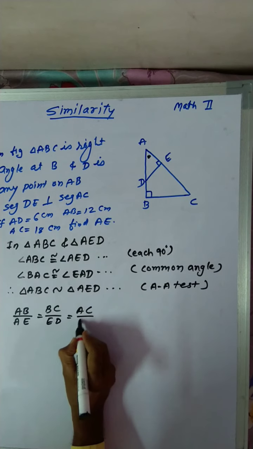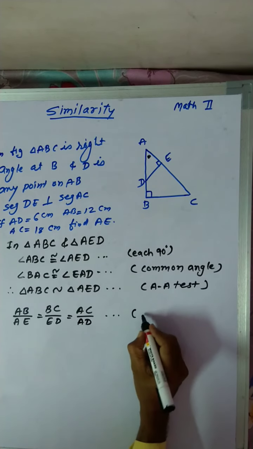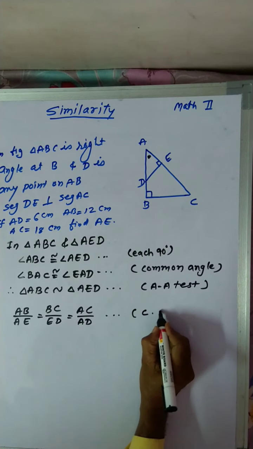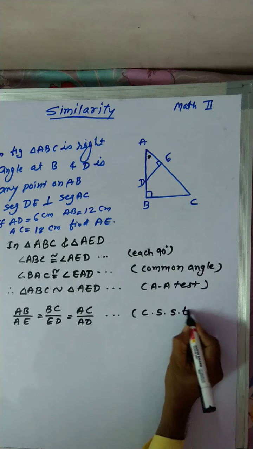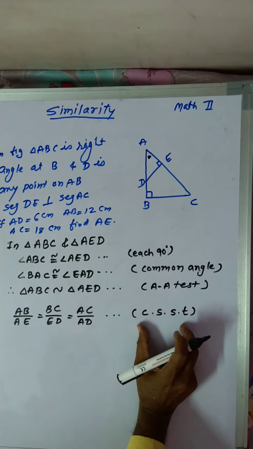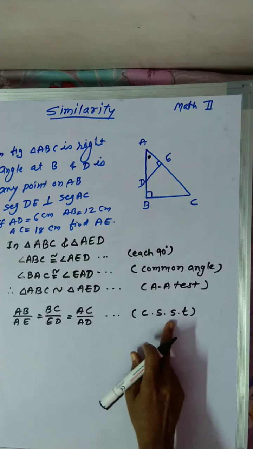The reason is corresponding sides of similar triangles. This is the short form of that, corresponding sides of similar triangles.